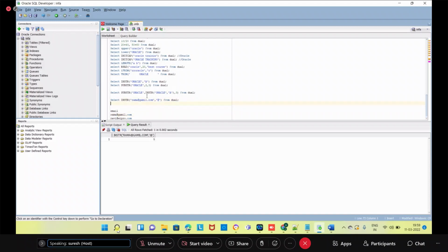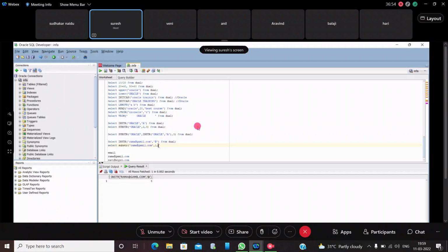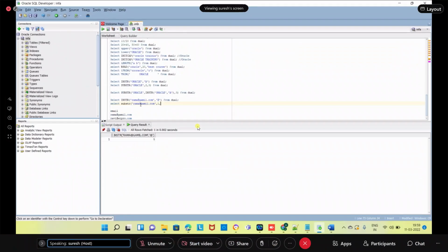Okay, so now let me just integrate this thing. Now I'll write select substring of, okay, the string name you want to identify, either name, and then the starting position I need from the starting, and how many characters I want to cut, I can give in this way simply.